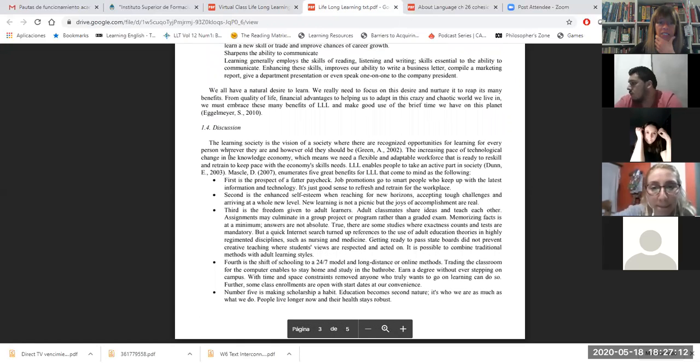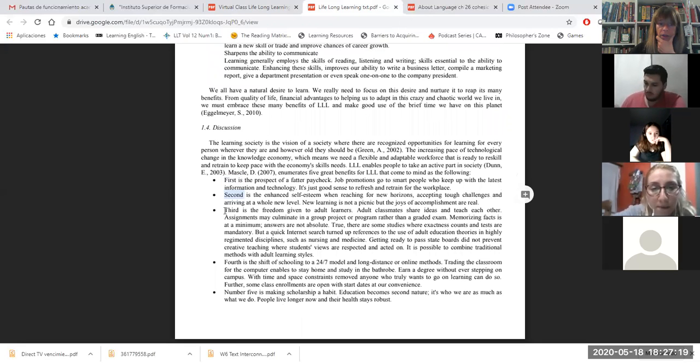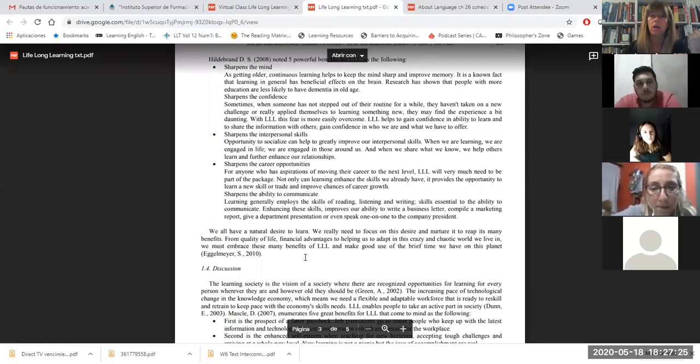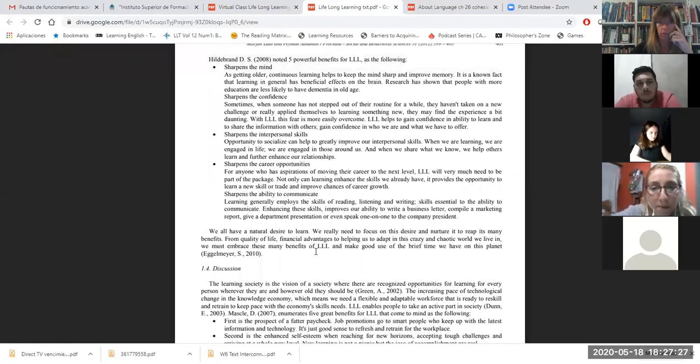For example, here in the discussion: first, second, third, fourth. What do we call them? Yes, these are connectors. What kind of connectors? Enumerators.